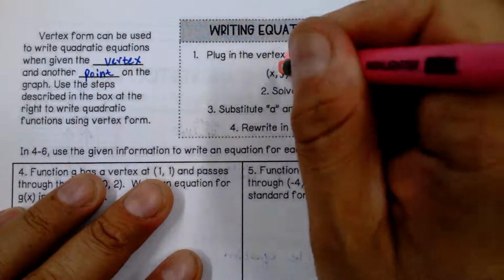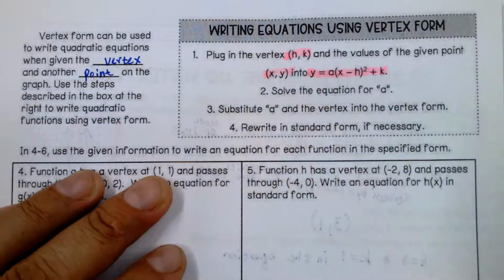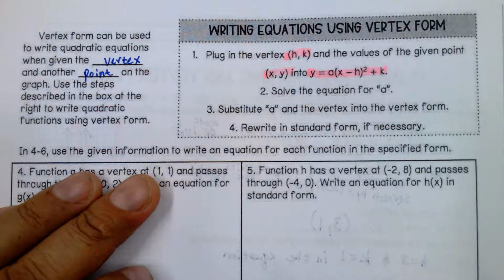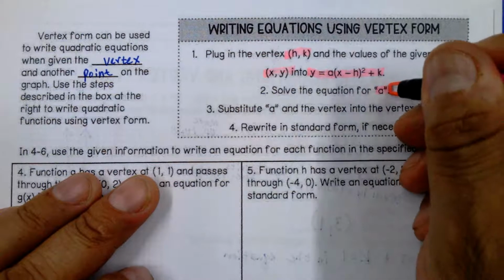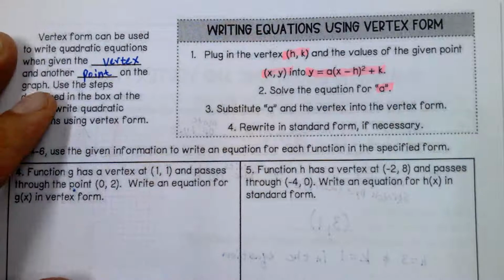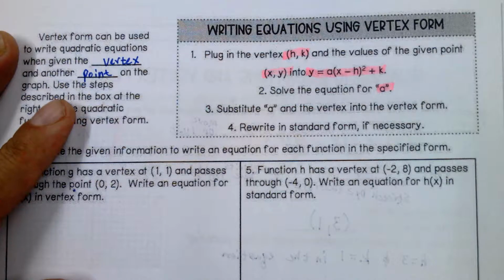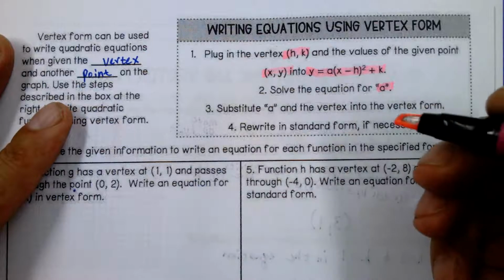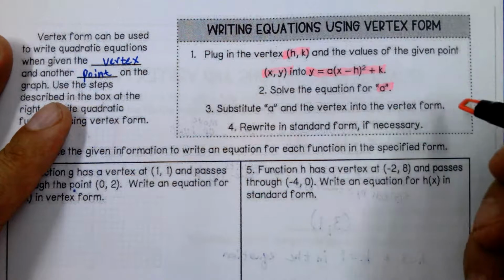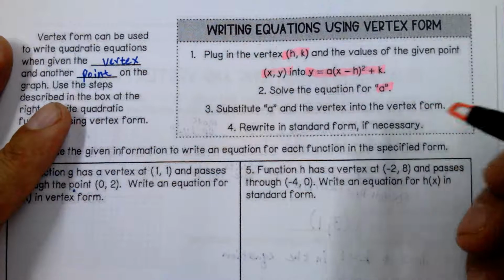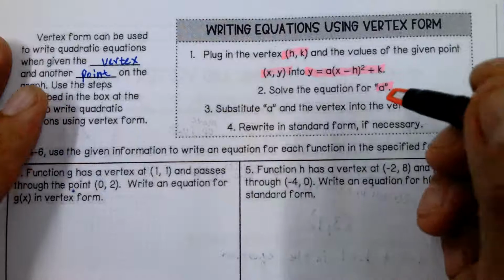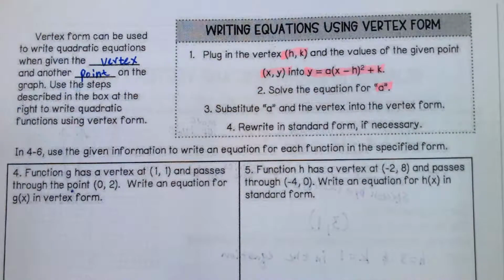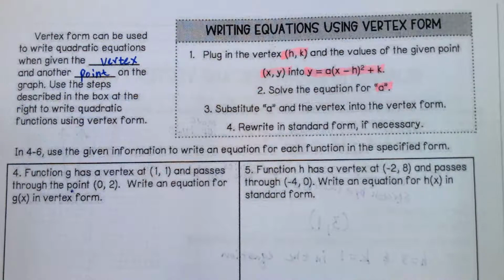So we're going to take these two values, h and k, and whatever x, y point they give us. And what we're going to do is we're going to solve for a. We're going to figure out what the a value is. And then once we know the a value, we're going to substitute that in. And then we're going to rewrite it in standard form if necessary. Okay? So let's just kind of go through those steps.